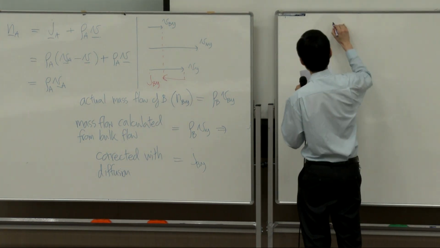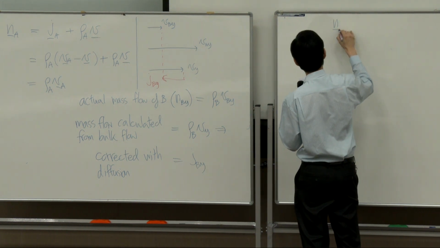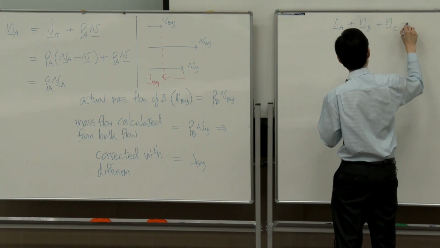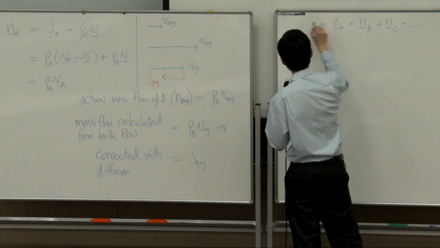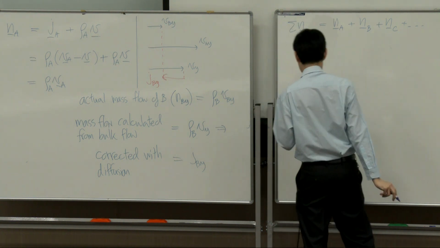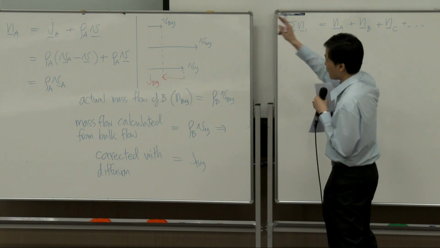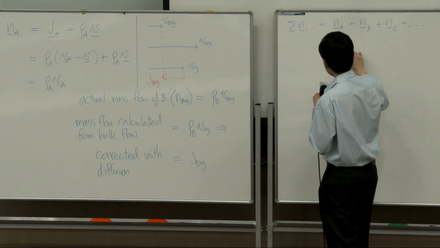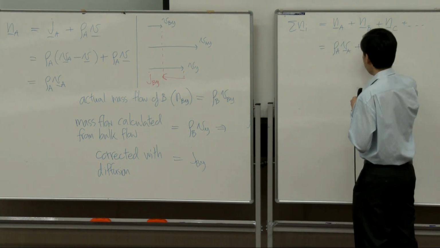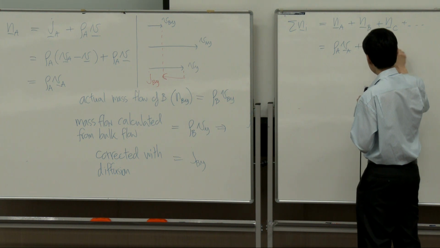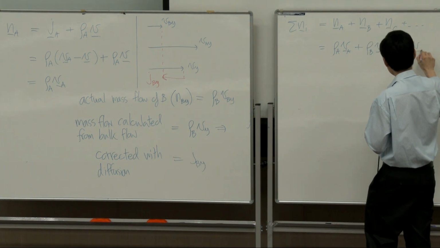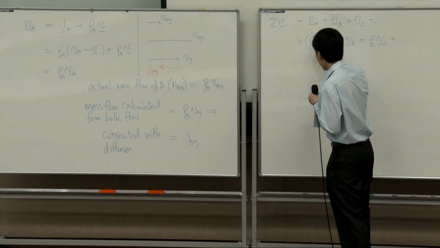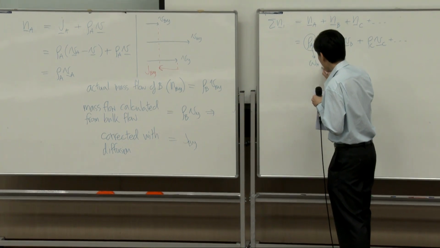Now, if my system, I have A, B, C, so I'm going to have flux NA, flux NB, flux NC, and so on. This is basically summation of all fluxes, all species. According to this left-hand side board, NA would be rho A VA, NB would be rho B VB, and so on. Okay? Now, rho A is basically omega A times rho.